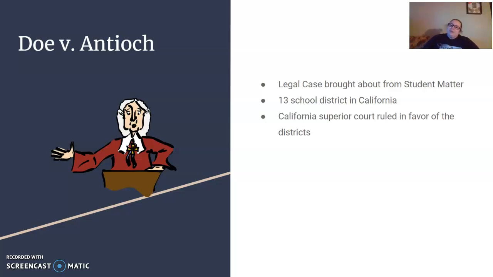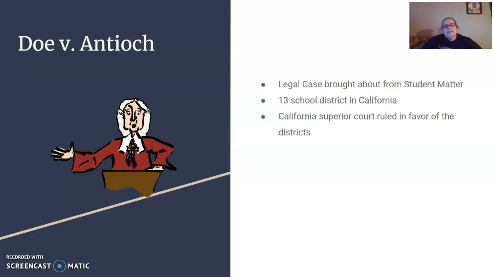The California Superior Court ruled in favor of the districts. They didn't see the need for making it a legal requirement. This case, I believe, was settled in 2016 from what I read.